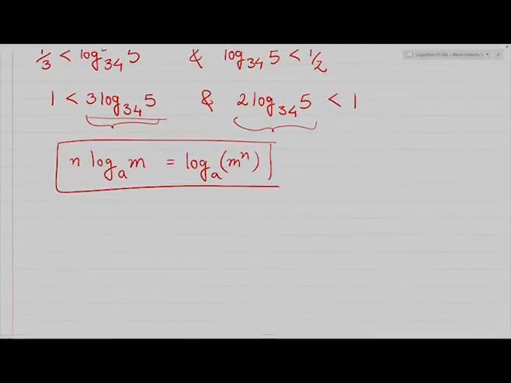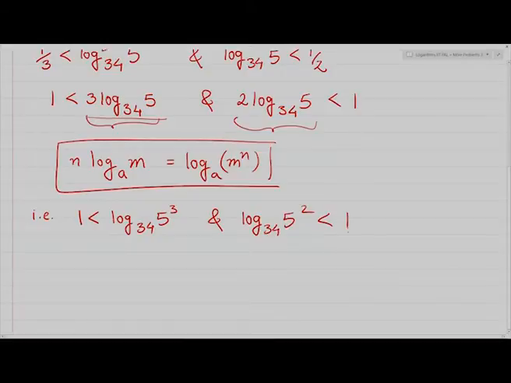Now I am looking at this log term with reference to 1 on the number line. So they are asking us to prove 1 less than log to the base 34 of 5 raised to 3, and on this side again I can use the power law, and they are asking us to prove log to the base 34 of 5 square is less than 1. Now our job is whether this is true or not.